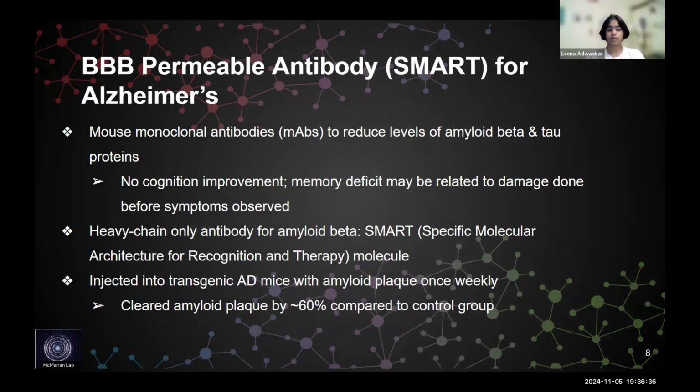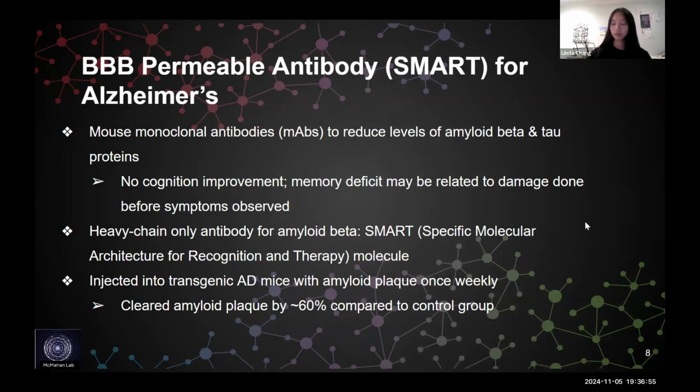So one molecule with potential to inhibit the amyloid beta is the SMART antibody. Before the development of the antibody, mouse monoclonal antibodies were employed to reduce the excessive levels of amyloid beta and tau proteins found in the brains of those plagued with Alzheimer's.